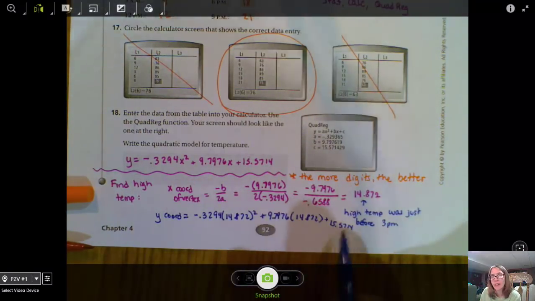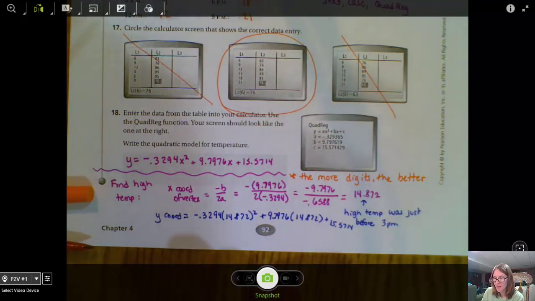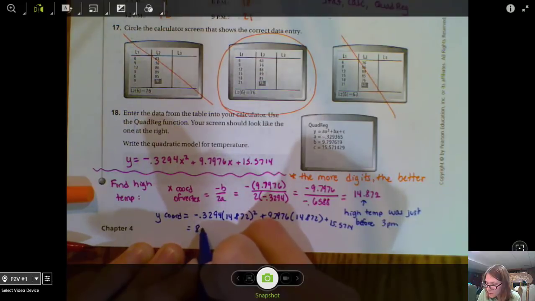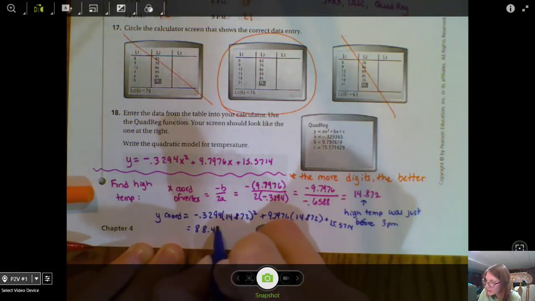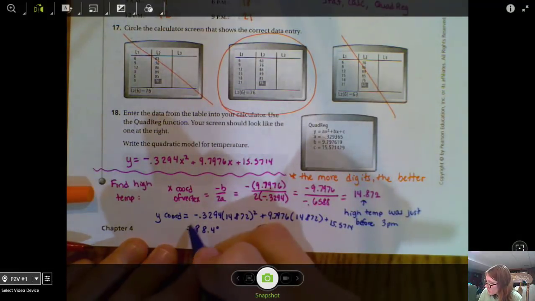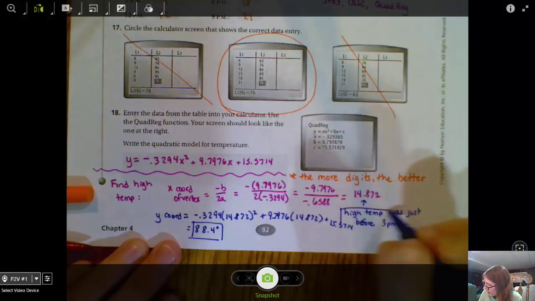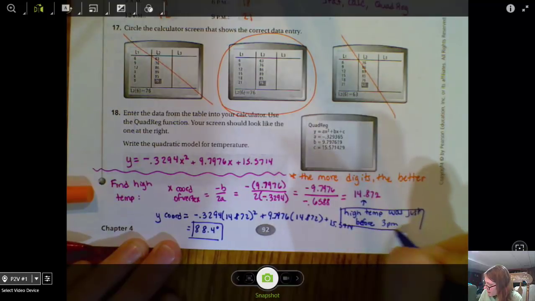You can type this straight into your calculator just like this. I'll save you the effort, but it ends up being 88.4 degrees as our high temperature. So the high temperature is 88.4 degrees, and it occurred just before 3 p.m.